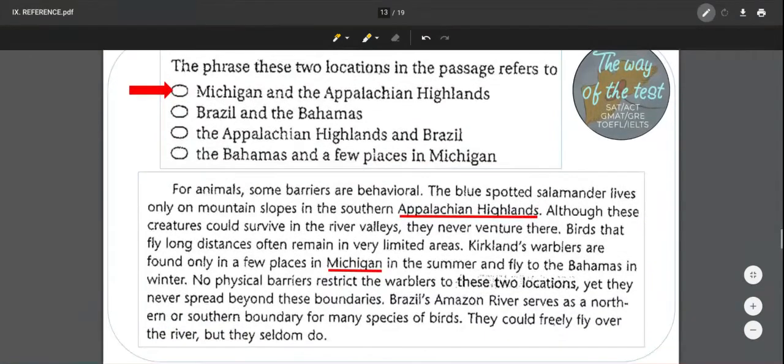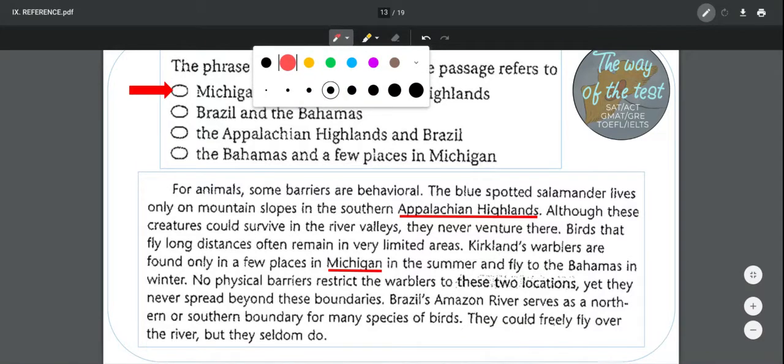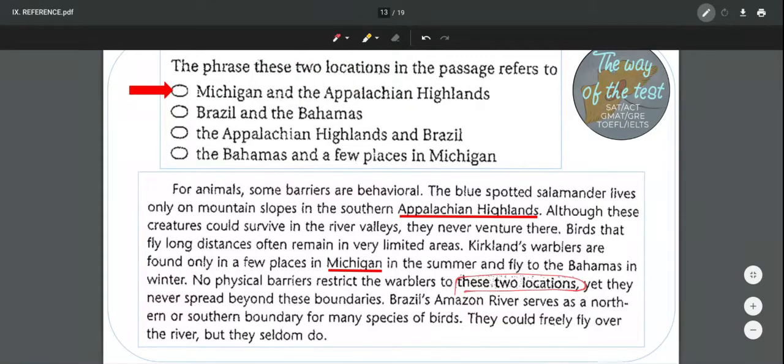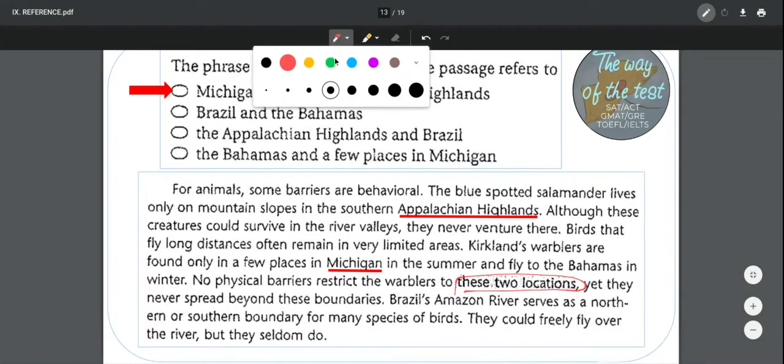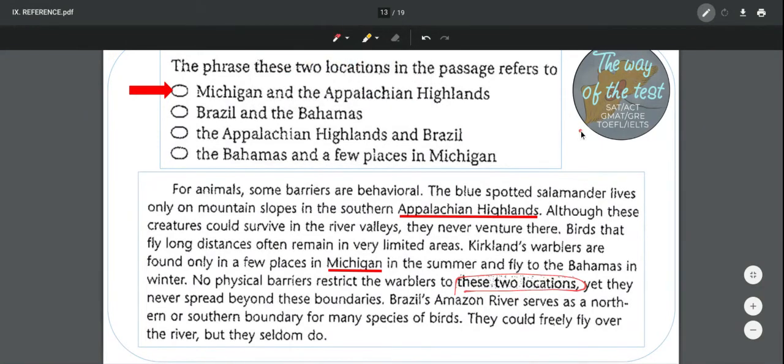So we're going to analyze alternative number 1, Michigan and the Appalachian Highlands. Again, we're referring to these two locations. So could it be Michigan and the Appalachian Highlands? Why and why not? Remember, when we say these two locations, I'm usually referring to the previous two locations mentioned. Here I have 3 locations, 1, 2, 3.